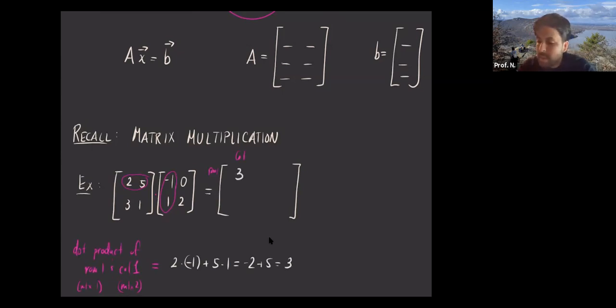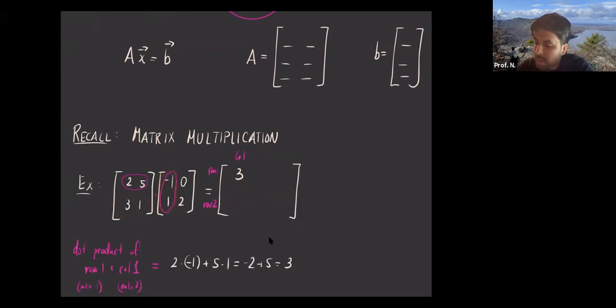I'm going to do the exact same thing for the next entry. The entry in the second row and the first column of the product is the dot product of row 2 in the first matrix with the first column in the second matrix.